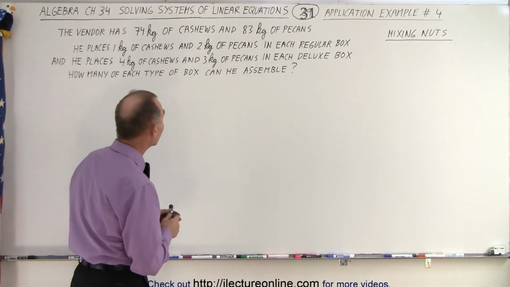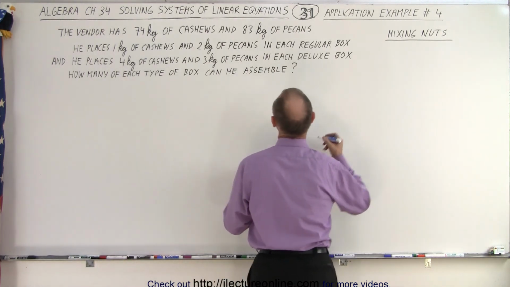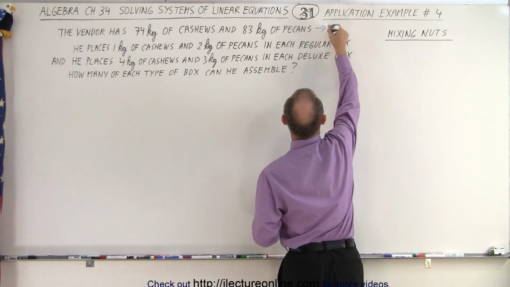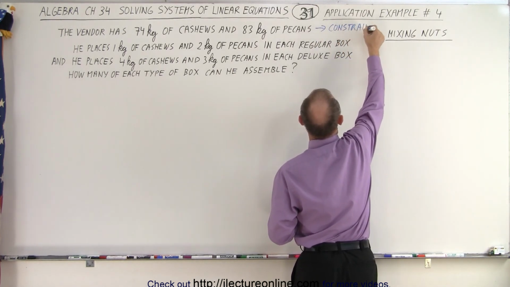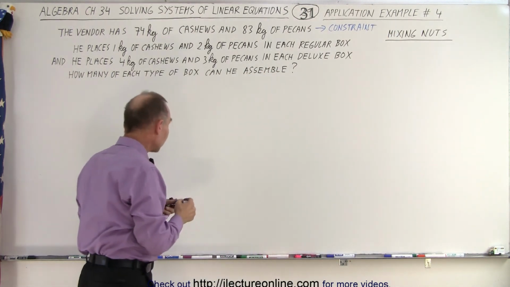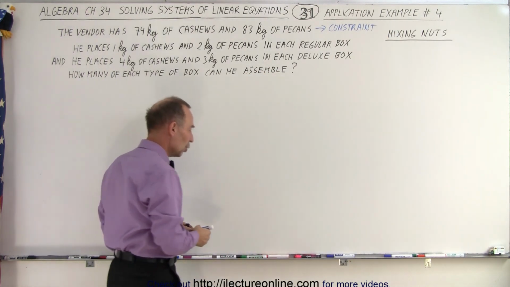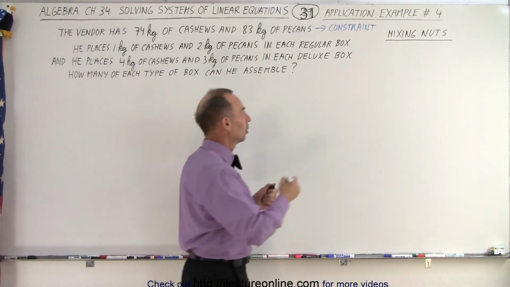So what we have here is a constraint. Here we're told that we only have, so this is what we call the constraint. That means the maximum number of cashews and the maximum number of pecans are known. Now we have two unknowns.